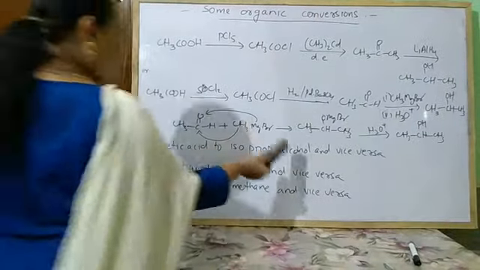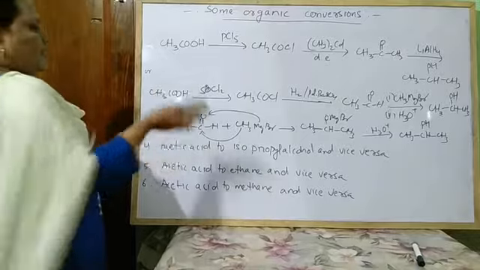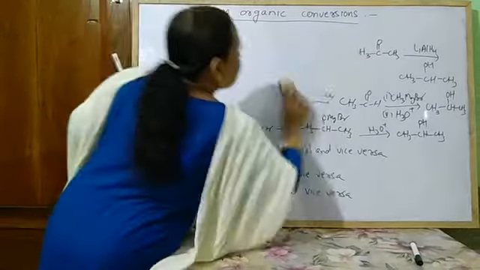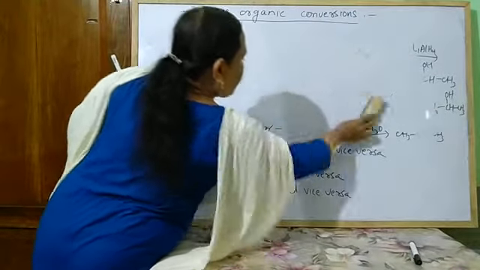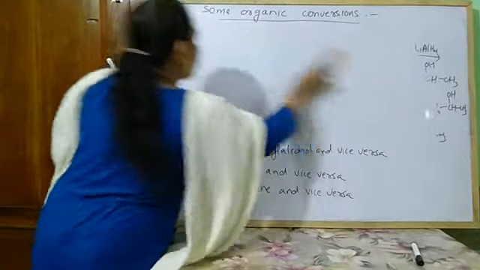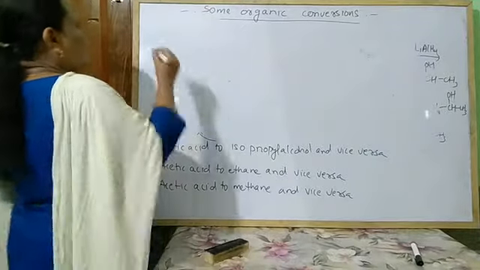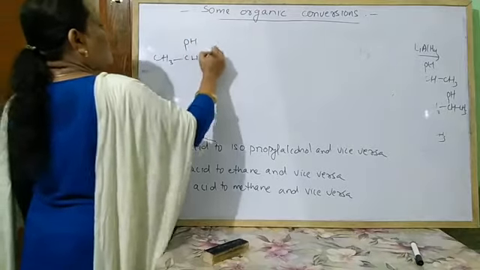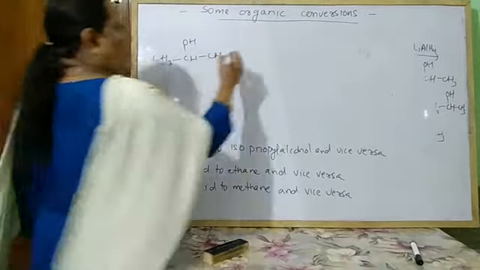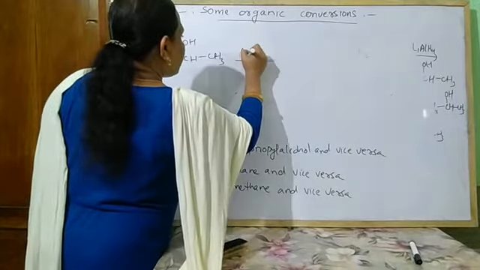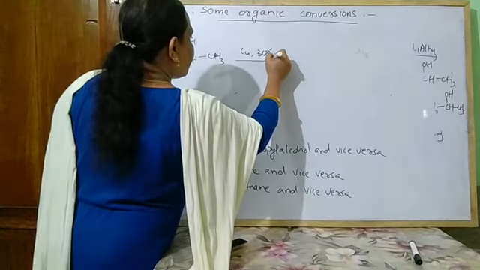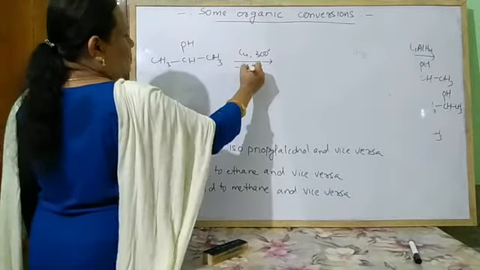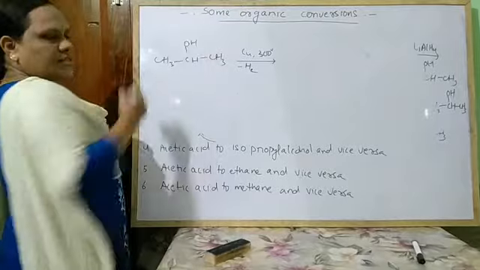Next, isopropyl alcohol to acetic acid. This is isopropyl alcohol. So when it is treated with copper at 300 degrees Celsius, what will it form? Minus H2. Dehydrogenation takes place.